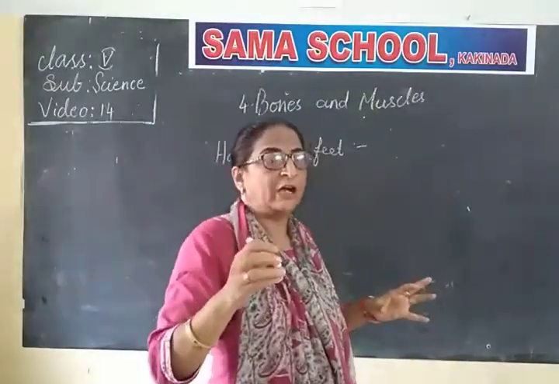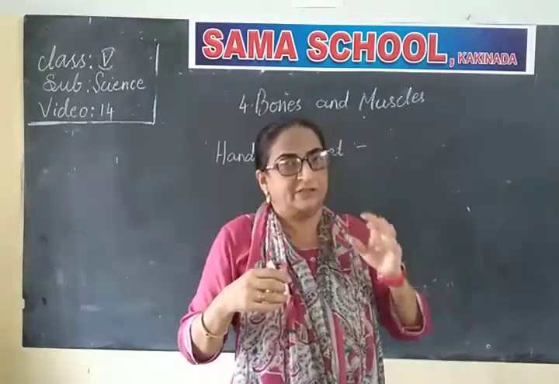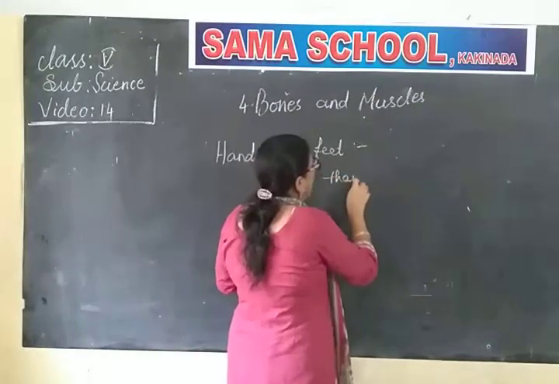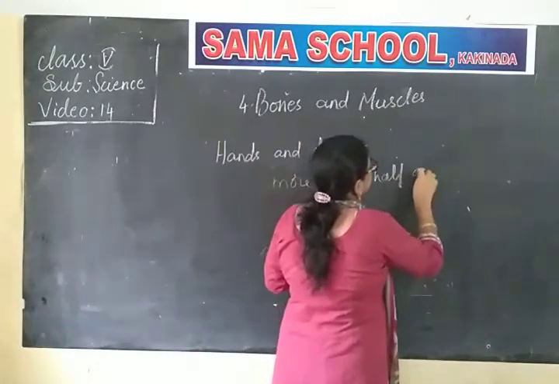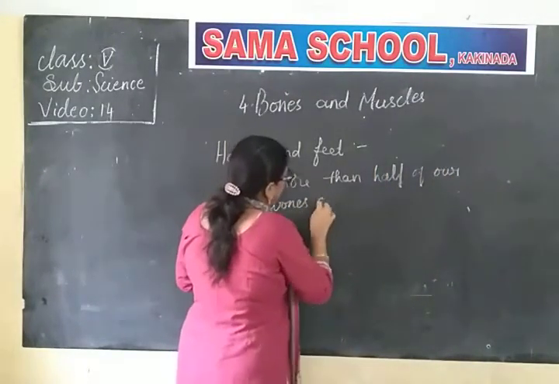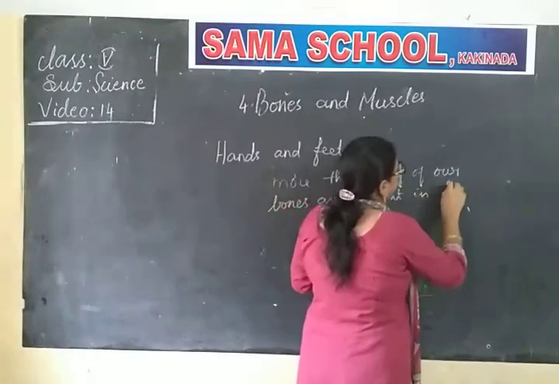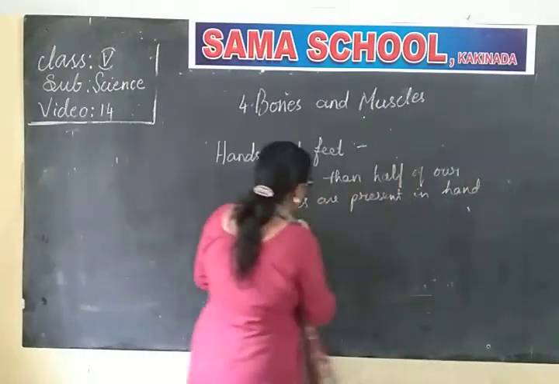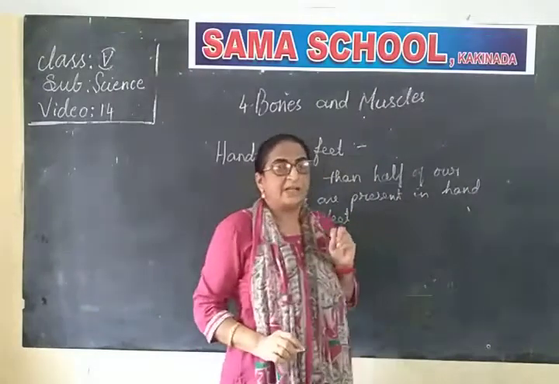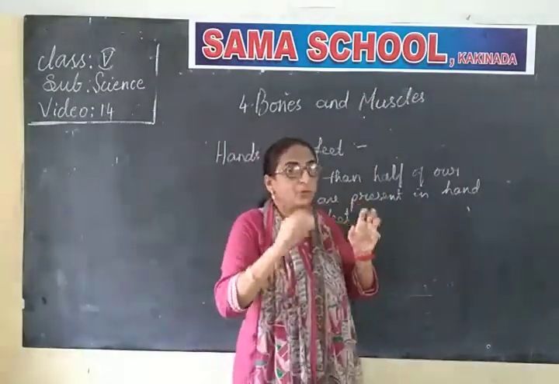More than half of the bones in our body are present in our hands and feet. If you see, there are more than 27 bones in your hand and more than 26 bones in your feet.